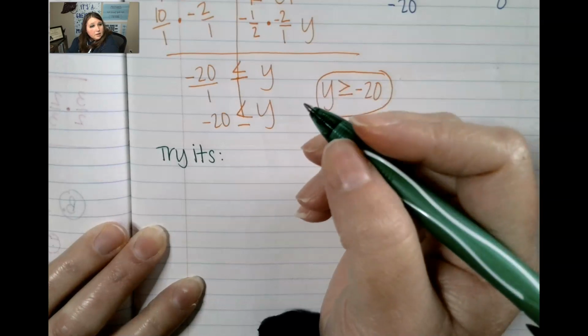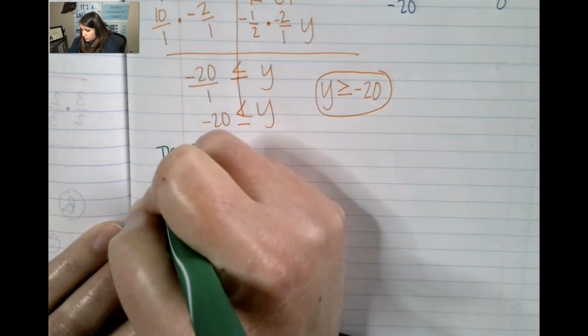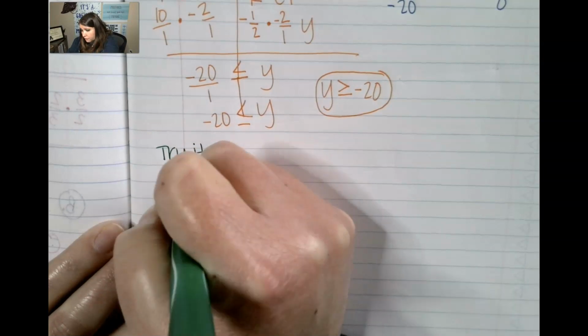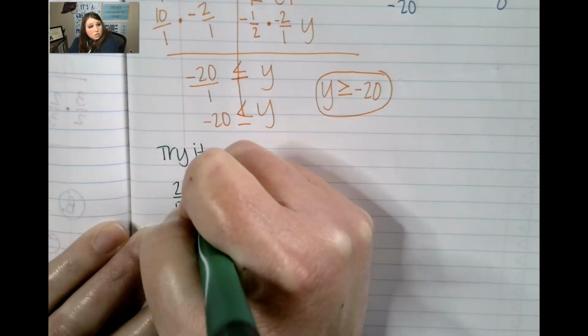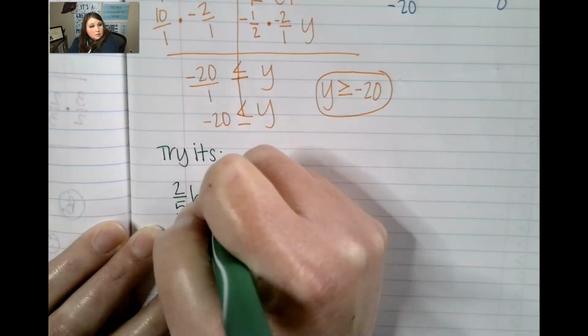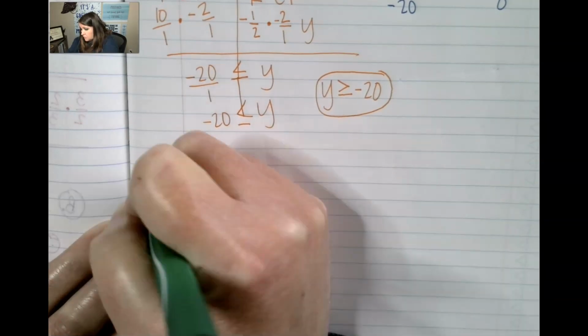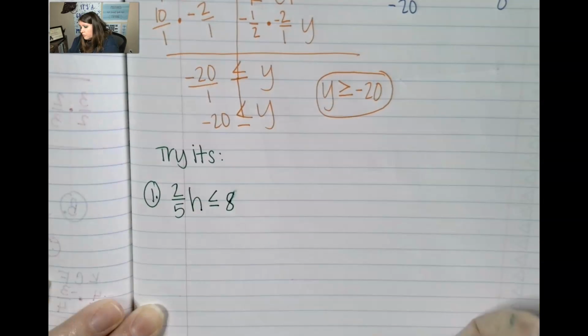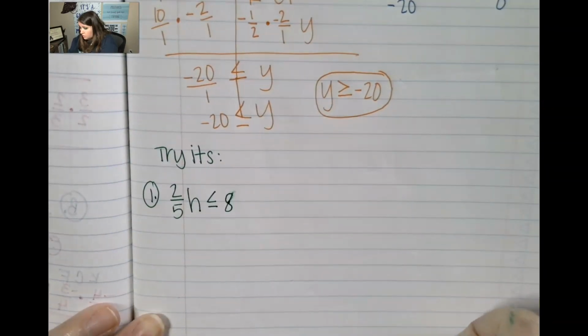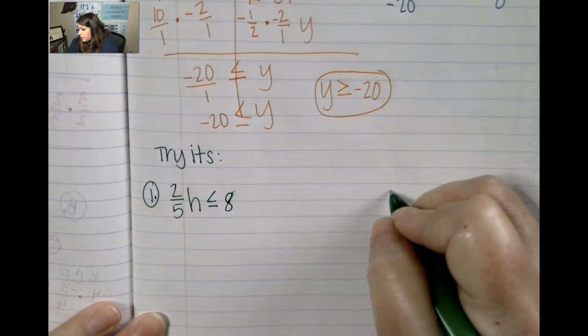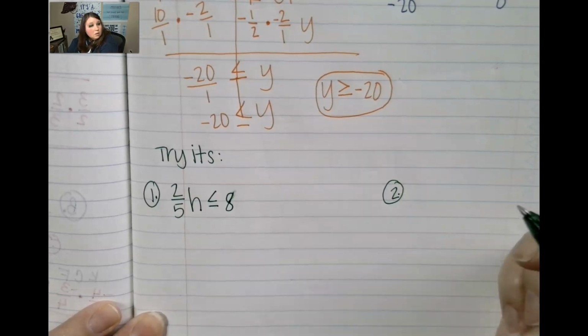Okay, let's see here. We have 2 over 5h is less than or equal to 8. So go ahead and solve that one first. Solve that problem. And then problem number 2.